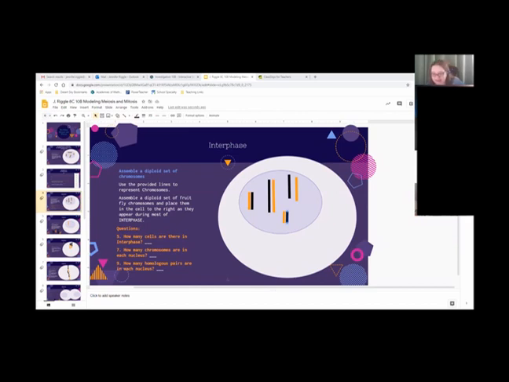Alyssa got it. Noemi got it. Ashley, a little smaller on your number. So I have 8 chromosomes inside of how many cells are on this page? This big white circle is a cell. How many big white circles are on the page?